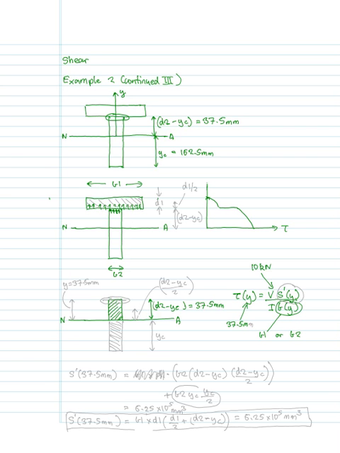So that distance there is going to be d2 minus yc, which is going to work out to be 37.5 millimeters. And we are going to be working out our tau y from our expression, which is equal to V S dash y over I times b as a function of y.